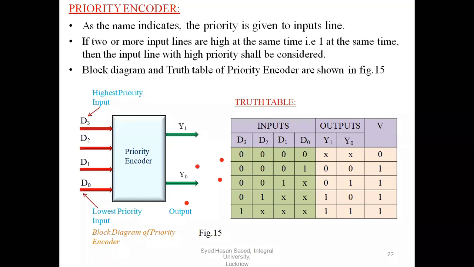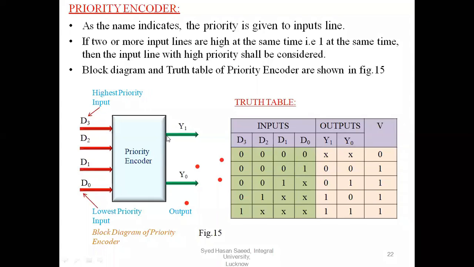Listen carefully. Construct the truth table for a 4-bit priority encoder, that is a 4 input priority encoder. Here you have to pass 4 inputs, D0, D1, D2, D3.